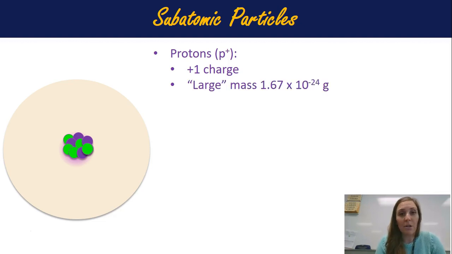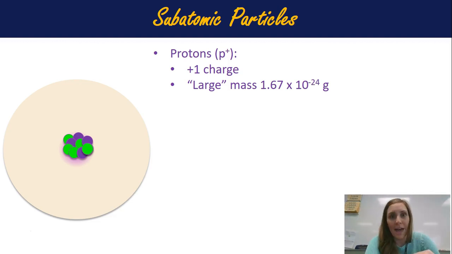For the subatomic particles, these are considered large. Now, by large, they're really small. But compared to the three subatomic particles, the protons are the larger side. It's kind of like saying a jumbo shrimp, right? No matter how big your shrimp is, it's still small. So it's big for a small thing. So subatomic particles are pieces that make up an atom, which are so crazy small, we can barely understand how small they are.